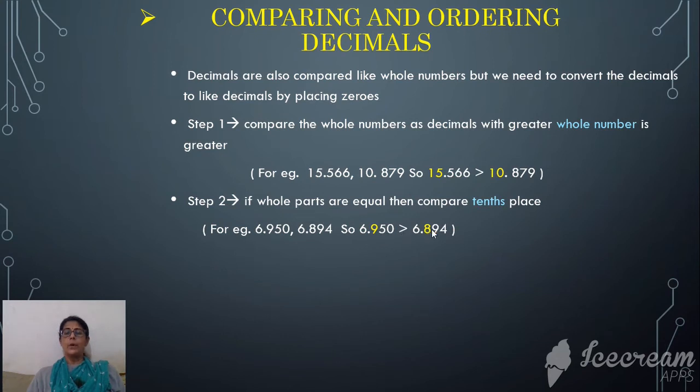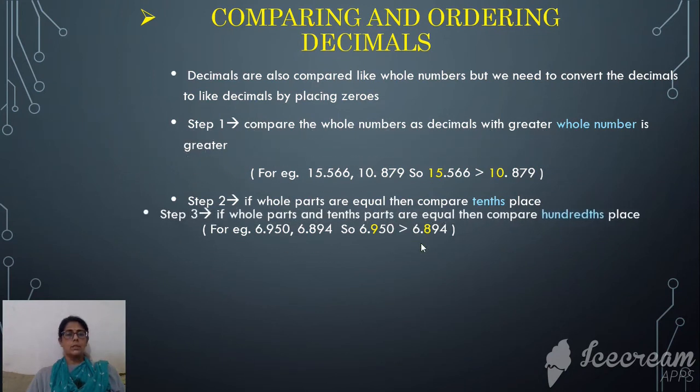As I have told you, which place do we have to compare here? Tenths place. So after the decimal, the first digit is known as the tenths place, right? So here the tenths place is 9 and here the tenths place is 8. So which number is greater? 6.950 is greater than 6.894. Understand?